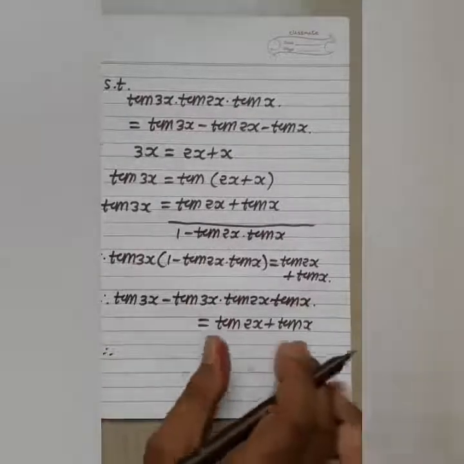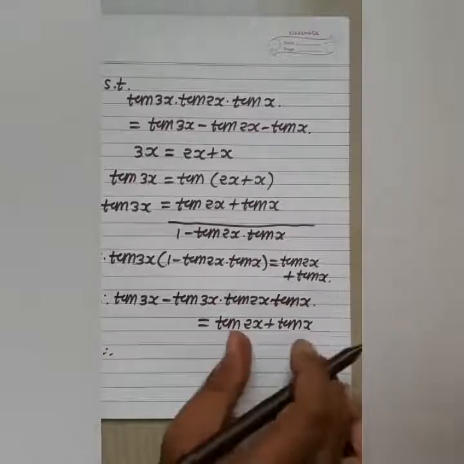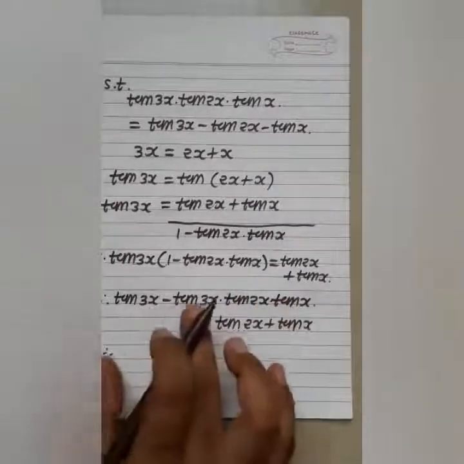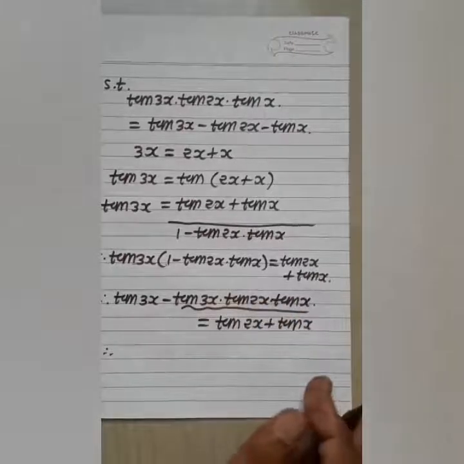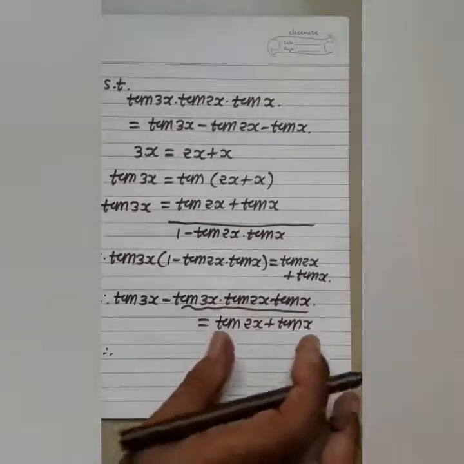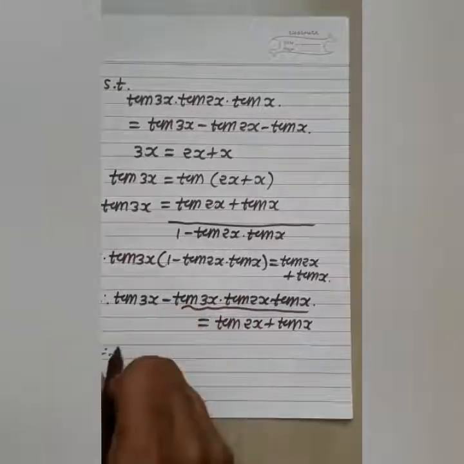Therefore, now tan 2x and tan x we can write on the opposite side, and change the sign. So tan 2x plus tan x we can write on the opposite side.